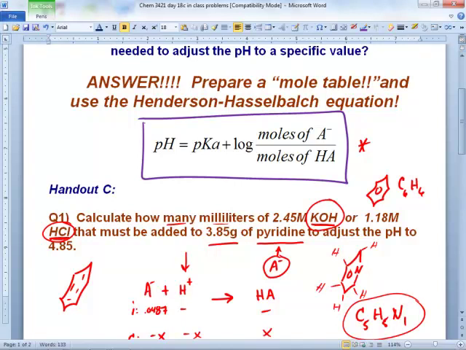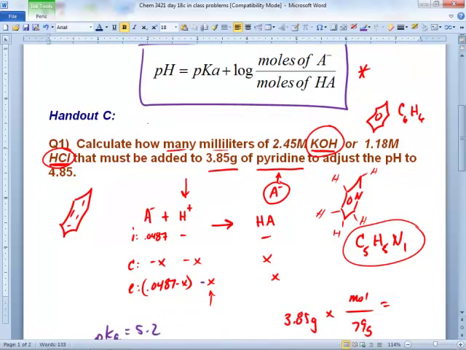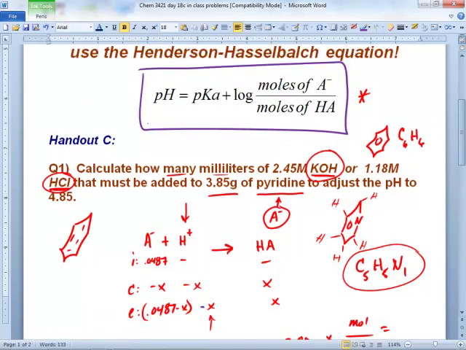We're solving for the HA. Now, maybe before we substitute in, how is this going to help us get our answer?